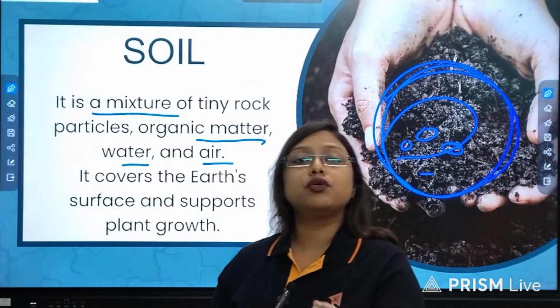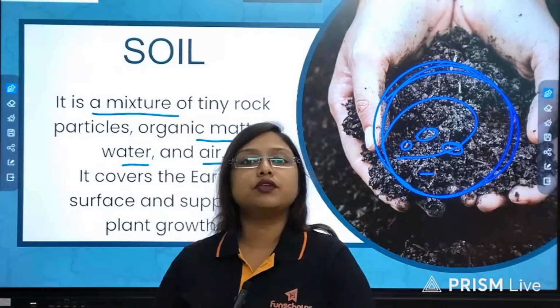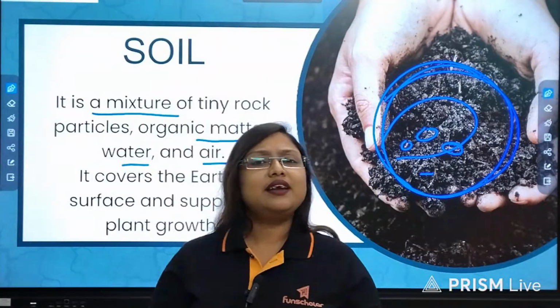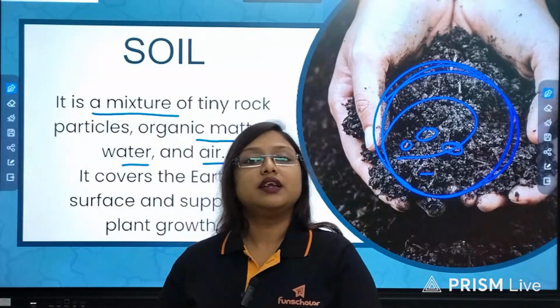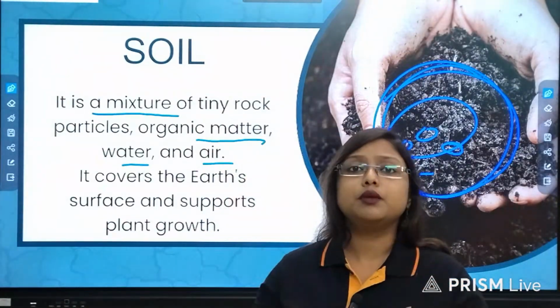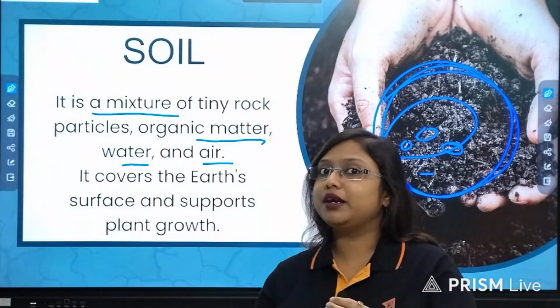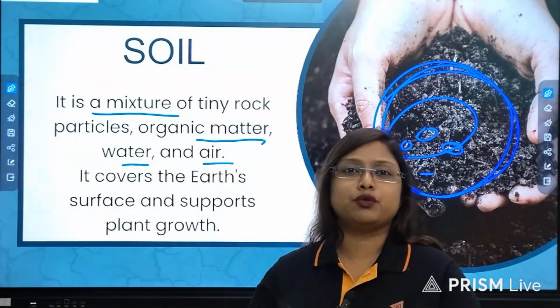There are pores in soil, and the amount differs from one soil to another, but definitely there are pores. In some soil there are a lot, in some a little, and in some it is medium.